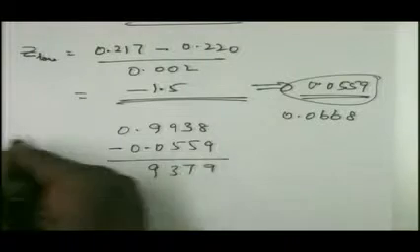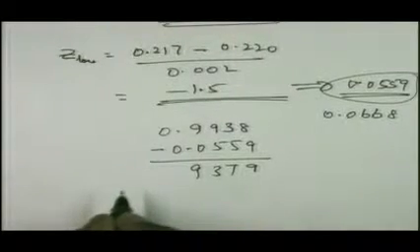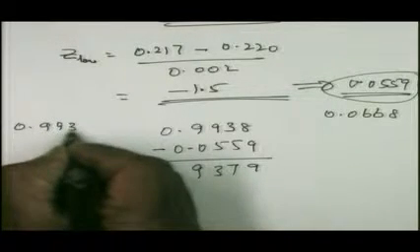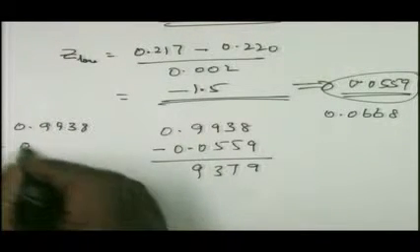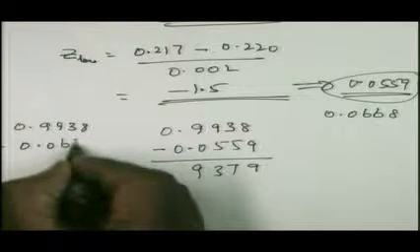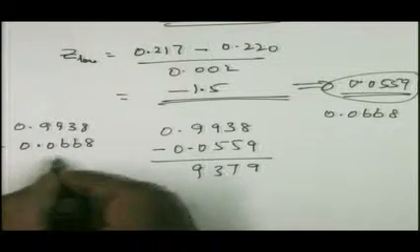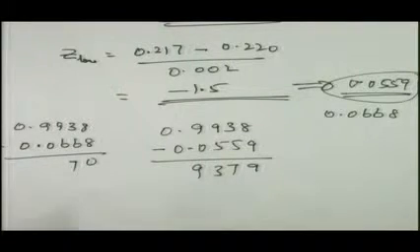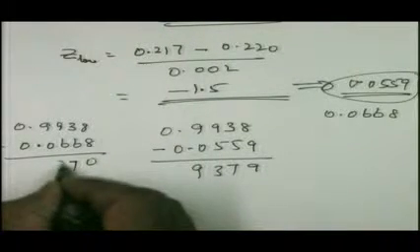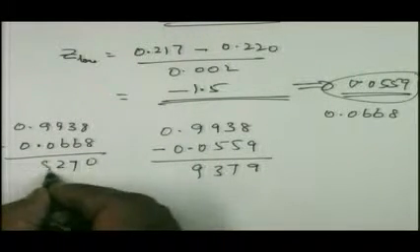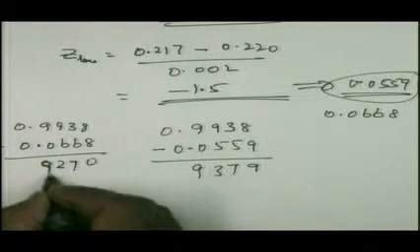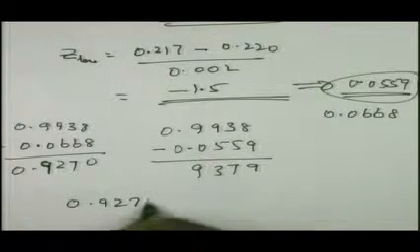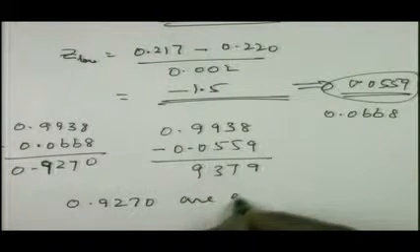I'm going to do it here. 0.9938 minus 0.0668. That gives me 0, 9, 2, 7, 0. 0.9270 are acceptable.